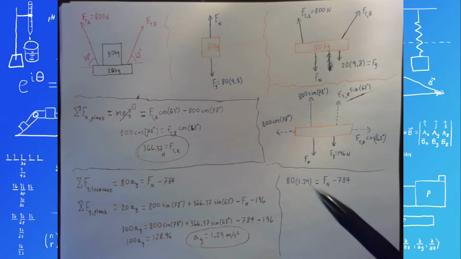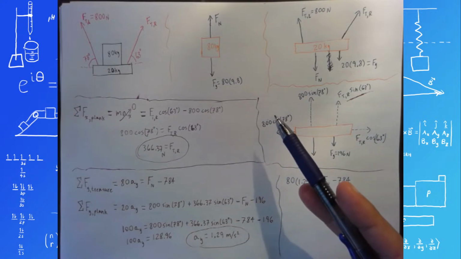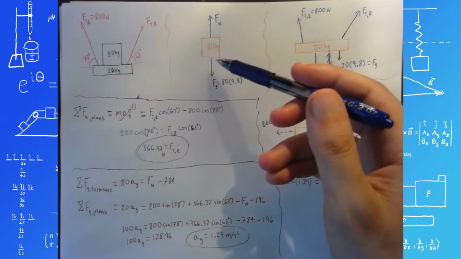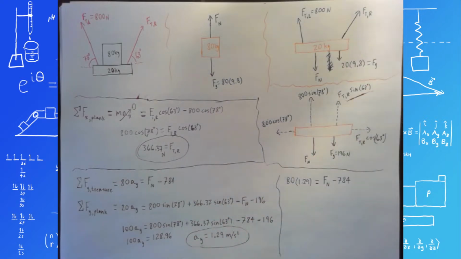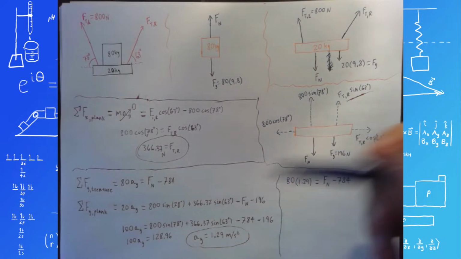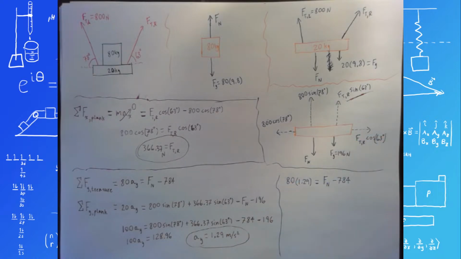If for whatever reason you did the same math, but you took all of the downward forces to be positive while you took all the upward forces to be negative, then you would have gotten negative 1.29, and that would still mean up, because it would be opposite to the direction you called positive.